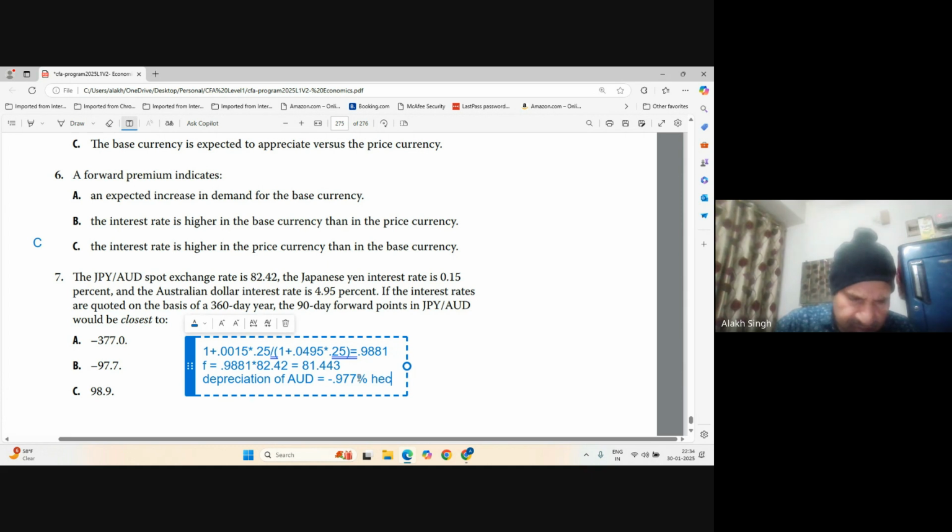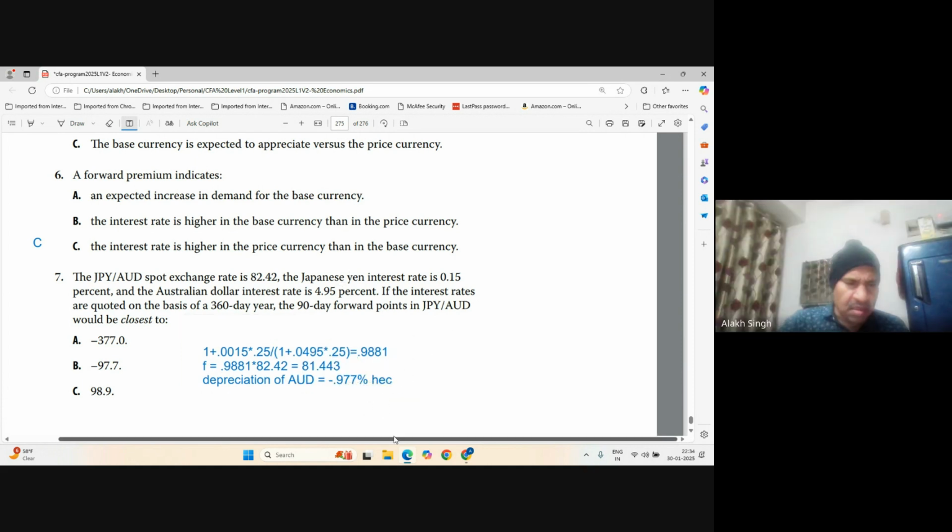Since all the others are expressed as percent, the point will be 0.977.